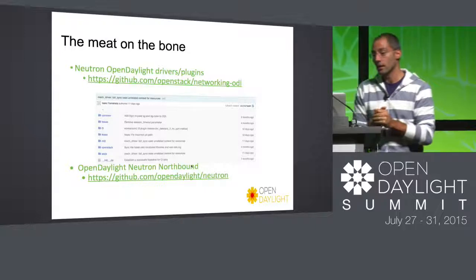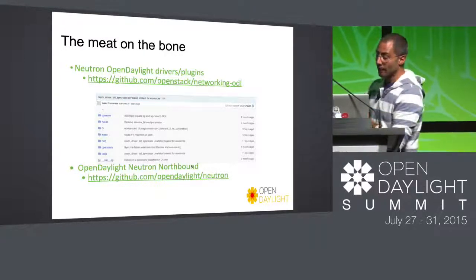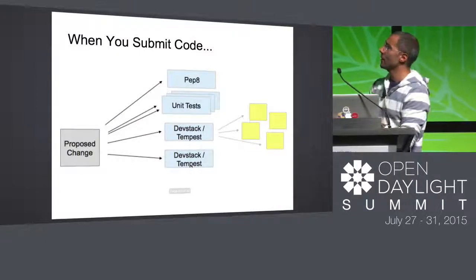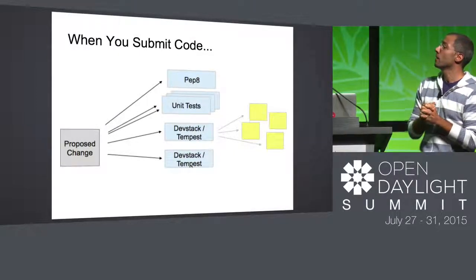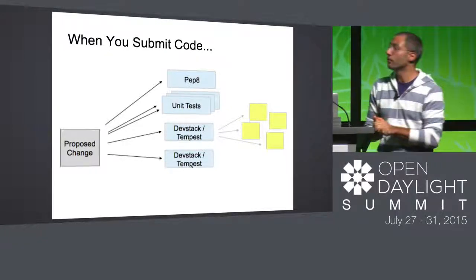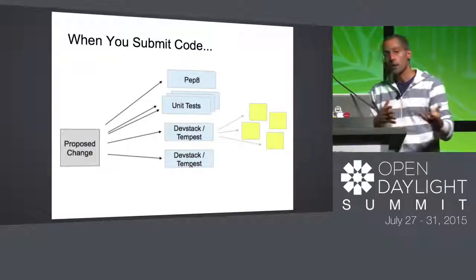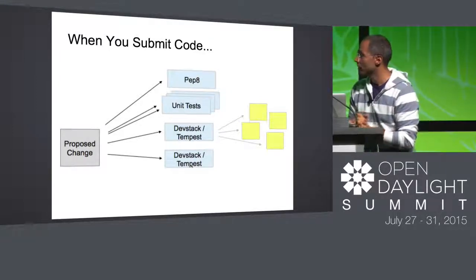That's all held in OpenDaylight/Neutron. When you submit code from the OpenStack side of the fence, any proposed change goes through a number of vetting and validation tests: code style guidelines, unit tests, integration tests, you name it.